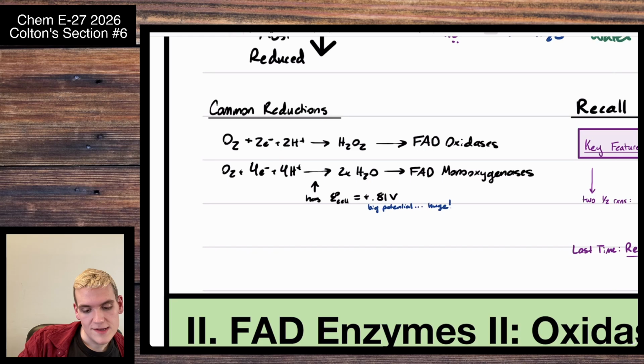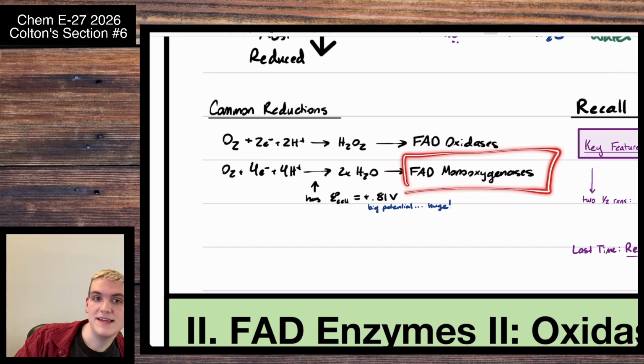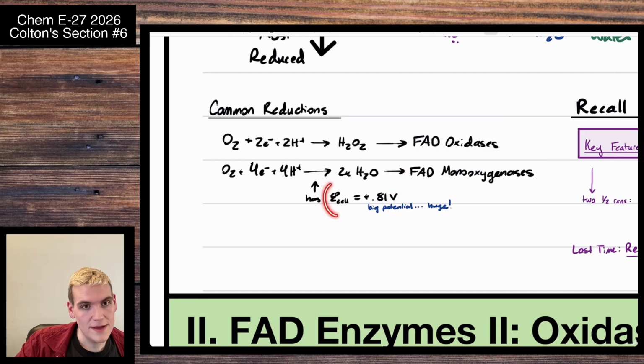Or we are going to be reducing O2 all the way to water in a 4 electron reduction, which is what happens in FAD monooxygenases. And the E cell value, I know you probably haven't done reduction potentials in a minute from Gen Chem, is positive 0.81 volts, which is just a huge reduction potential. So she is going to be very thermodynamically favorable.